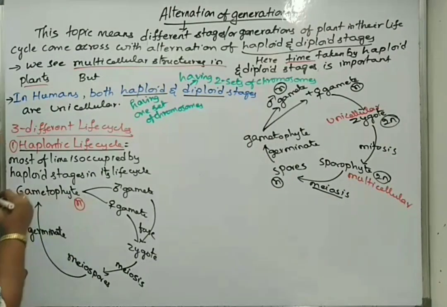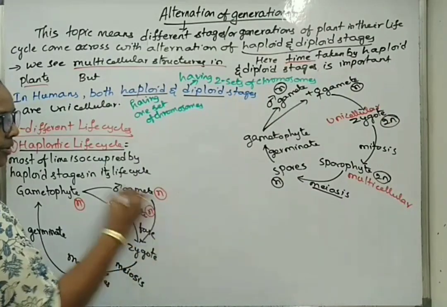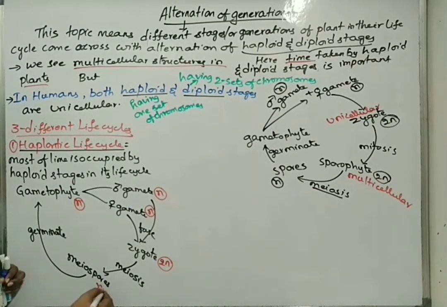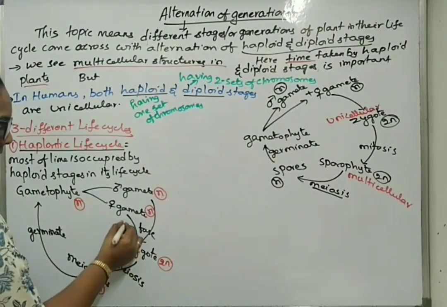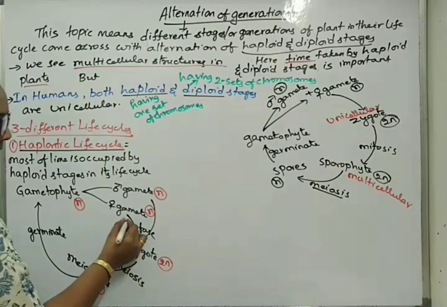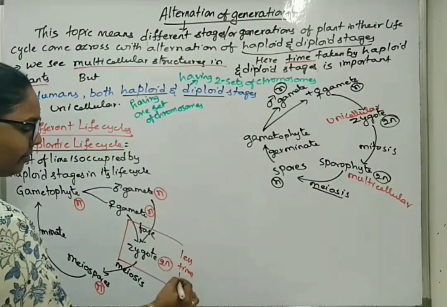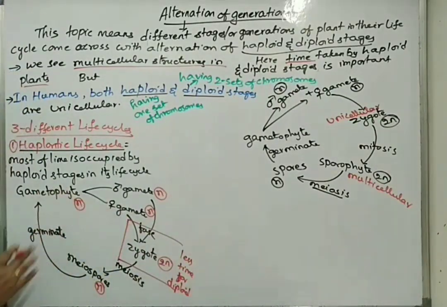Now we see the ploidy. The gametophyte is haploid in nature. Male gamete is haploid. Female gamete is haploid. The zygote is diploid. Meiospores are haploid. So here we have seen very little time is for the diploid stage. Such a life cycle is called the haplontic life cycle.